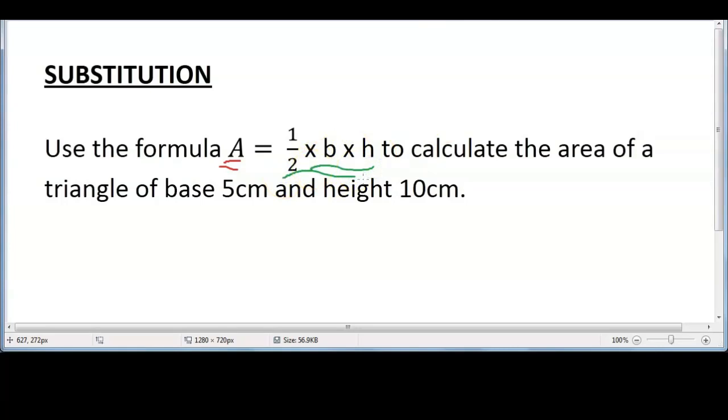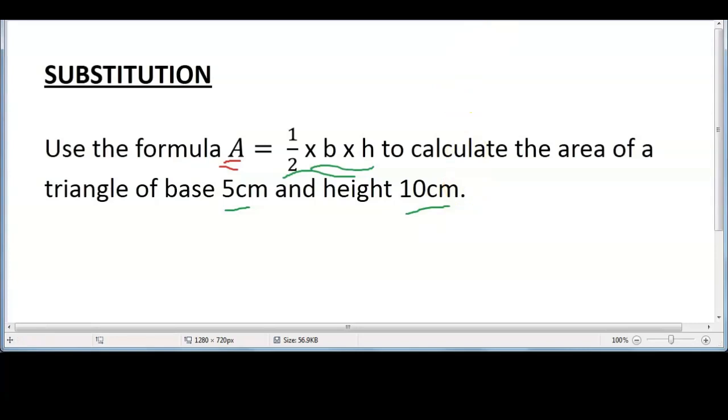For a to be calculated, the values of b and h must be revealed, and they have been revealed as 5 cm and 10 cm respectively.